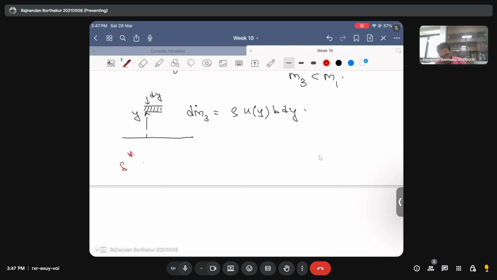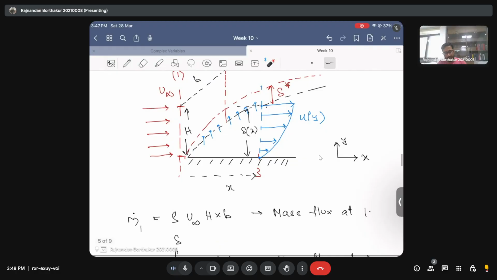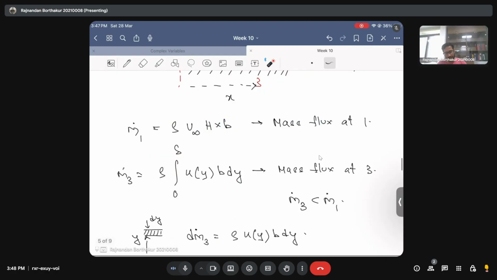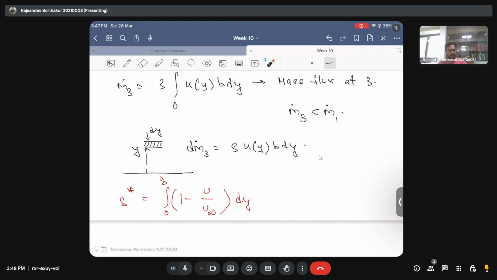And mathematically it has the expression integral 0 to delta of 1 minus u by u infinity dy. I believe you can see that this integration comes from the total mass entering and the total mass leaving. That's why there is this minus sign, and so you can actually derive this delta star.